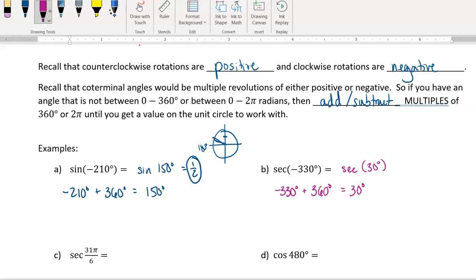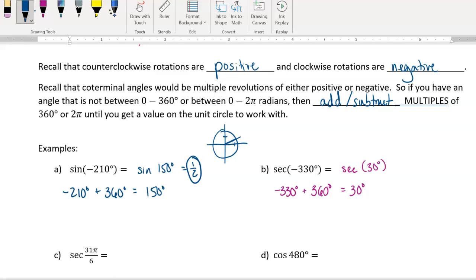Okay, so secant of 30 degrees. So again, let's use this unit circle that I had referenced a second ago. So 30 degrees is going to be right here. We're dealing with the cosine, so the cosine is horizontal distance. That's a long distance to go from the origin over to that point.